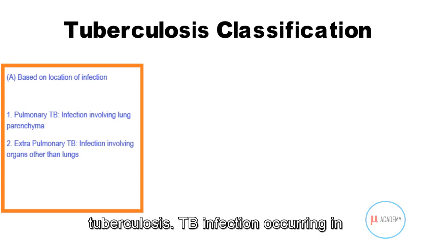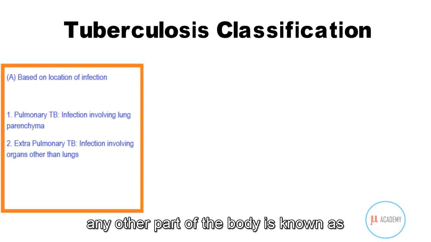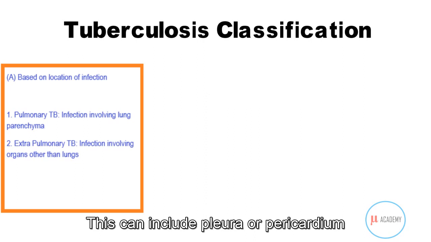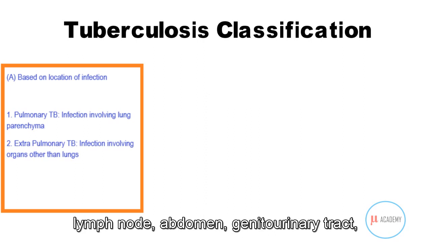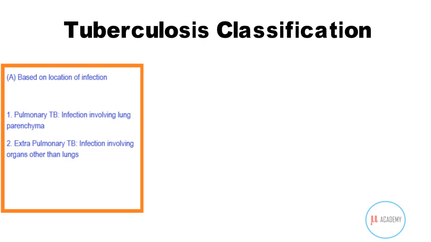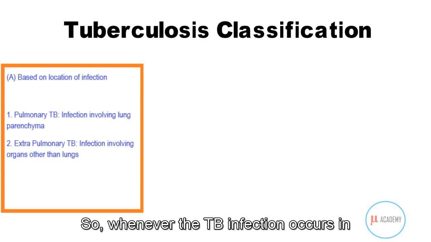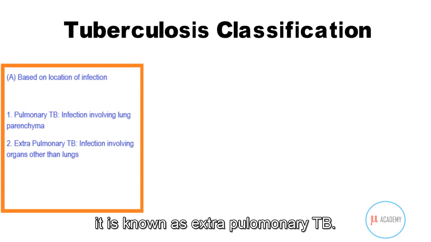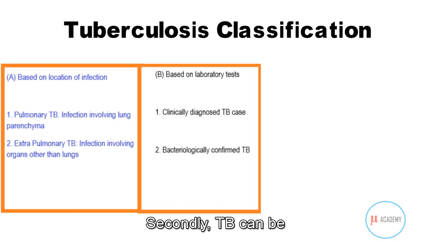TB infection occurring in any other part of the body is known as extrapulmonary tuberculosis. This can include pleura or pericardium, lymph node, abdomen, genitourinary tract, skin, joints, bones, meninges, etc. So, whenever TB infection occurs in other parts of the body other than lung, it is known as extrapulmonary tuberculosis.